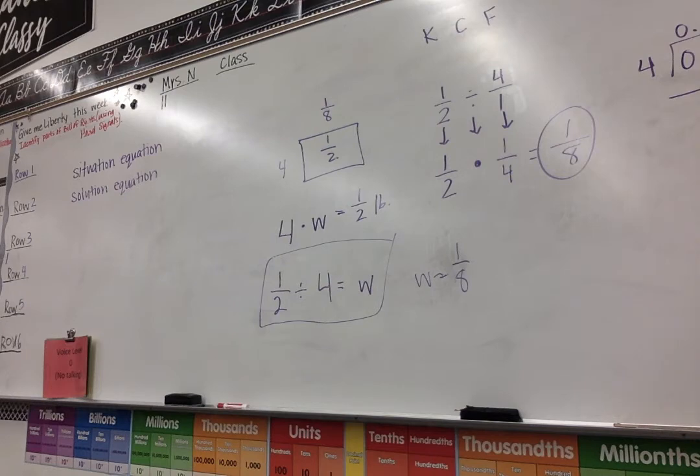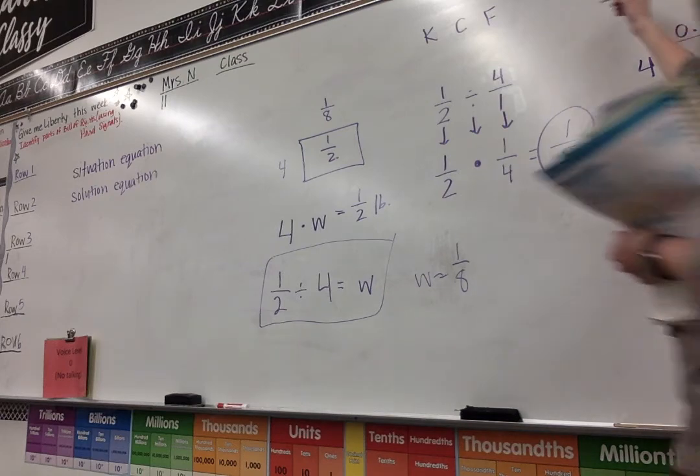I've got 1 left. I'm going to add a 0 and bring it down. 4 goes into 10 2 times. 4 times 2 is 8. 10 minus 8 is 2. I can bring down another 0, and 4 goes into 20 5 times. So really it would come out to 125 thousandths, which is the same as 1/8.